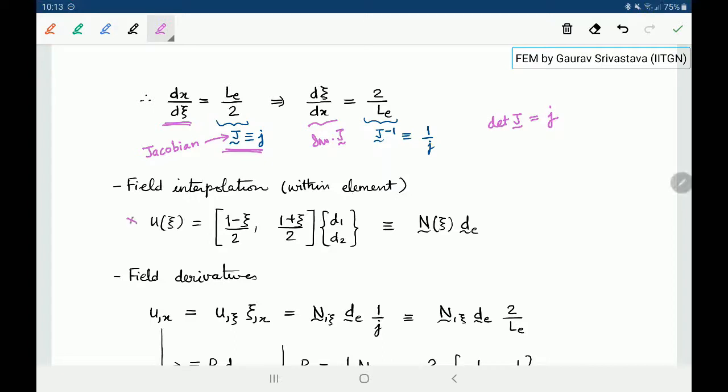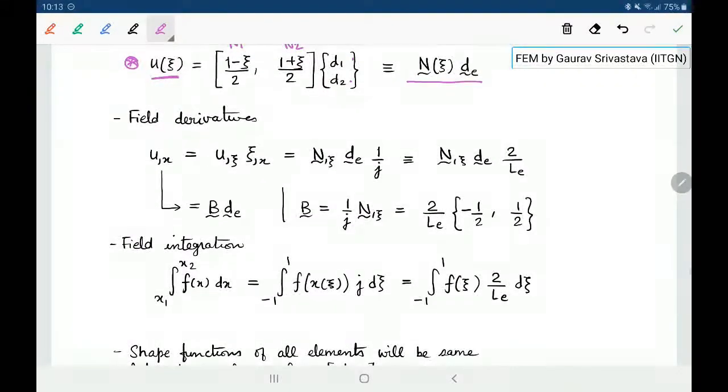Okay, so this is what we were saying earlier, that the field interpolation u as a function of psi can be done using this n1 and n2 and d1 and d2, so as n of psi times de. But in the weak form, we will need derivatives u comma x, so basically derivatives of u with respect to x. But we know u as a function of psi. So what we will have to do is to use the chain rule. We will say u comma x is u comma psi times psi comma x.